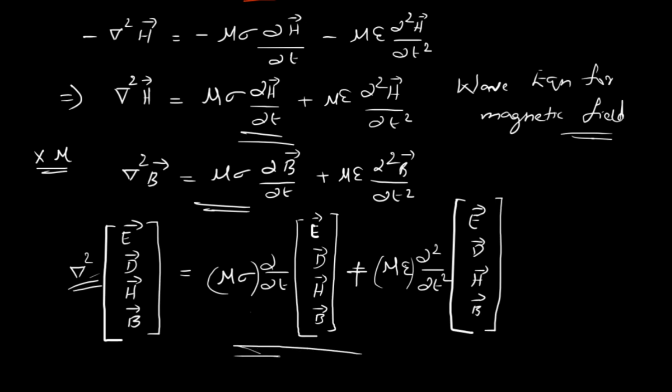This will give you the idea of how the wave travels in the medium. These are the equations which give you that idea mathematically. So I hope the method of deriving the general wave equation is crystal clear.